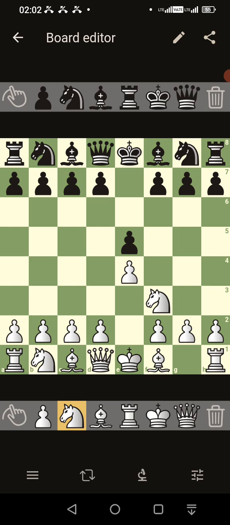So we are using chess notation now to replay a game or to replay moves. Let's say black plays NC6. So we must look for the square where the letter C and the number 6 meet. And it's this one. So I'm going to use a black knight. There we go.